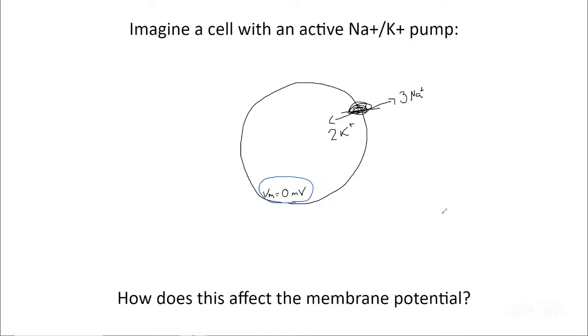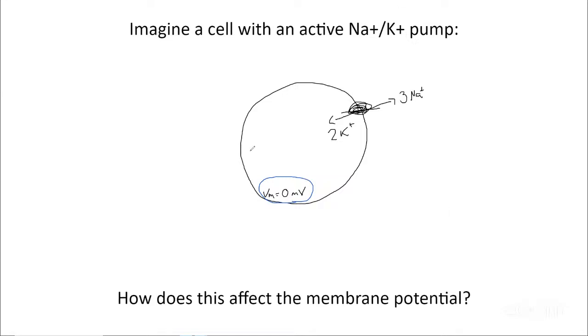I'm going to start with a show of hands. Who thinks there's a change here? Some hands. Good. It is a change. This does have an effect on the membrane potential. Who thinks that this raises the membrane potential? Who thinks that this lowers the membrane potential?